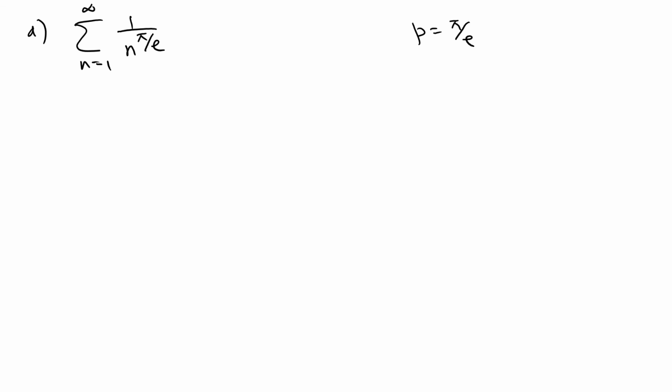Pi is 3.14, e is 2.71, so this is roughly 3.14 and 2.71. That means this is bigger than that. Since it is larger than 1, this one has to converge.